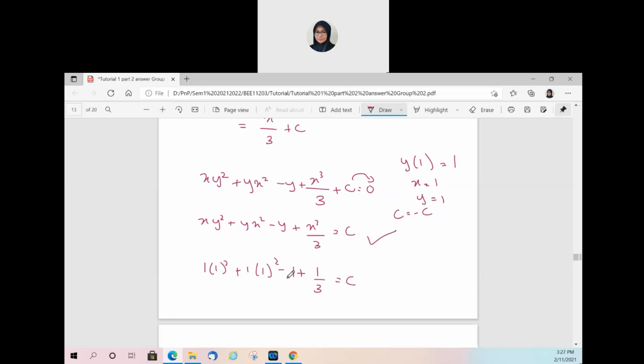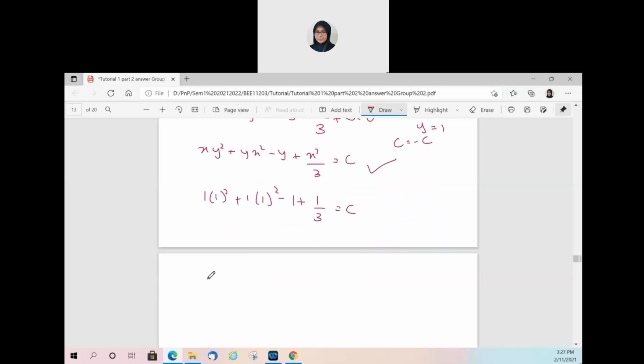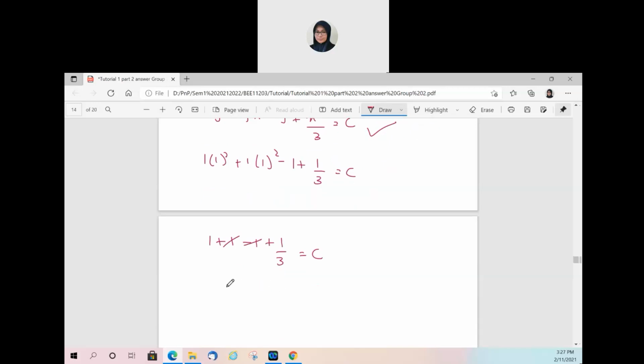Then this one will be 1 plus 1 minus 1 plus 1 over 3 equals to c. Cancel, cancel. So 1 plus 1 over 3 equals to c. Then c equals to 4 over 3. Betul?